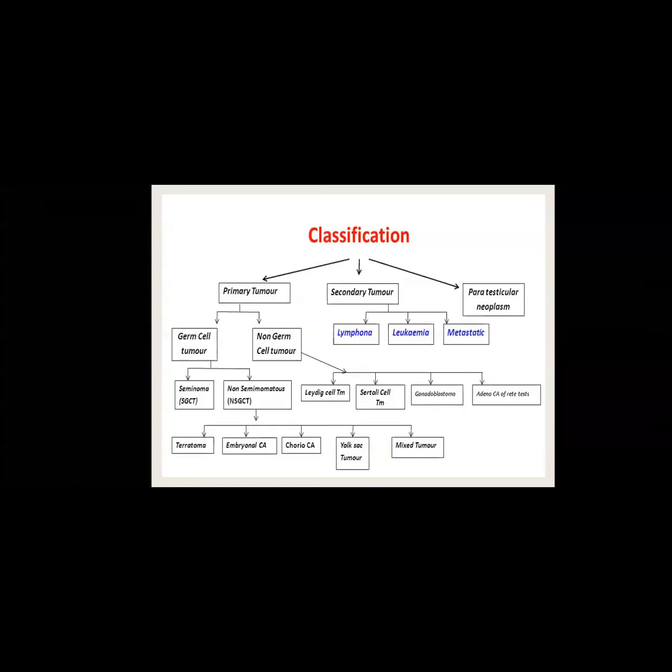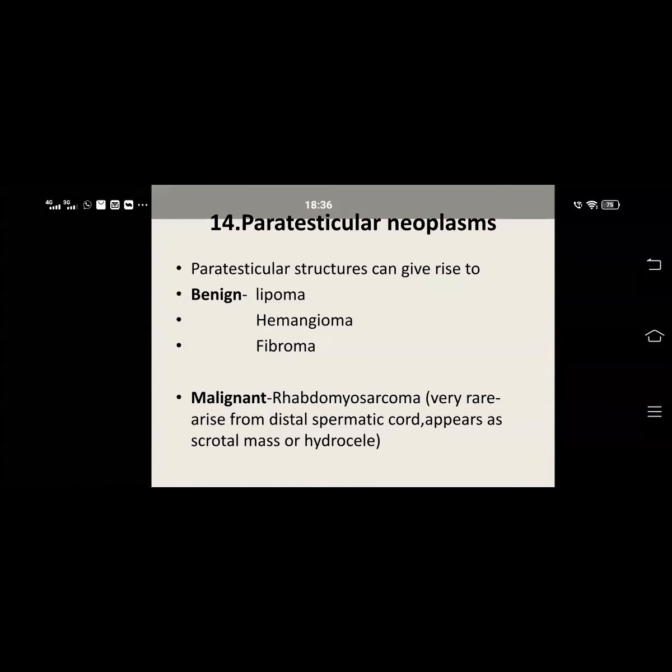What are paratesticular tissues? Apart from the testis proper, you have the surrounding structures, no? If tumors arise from those structures which surround the testis, they are called paratesticular tumors. These constitute the fibrous structures, the adipose tissue, the blood vessels and all. Benign tumors may be there, and even malignant ones, but they are not that common.